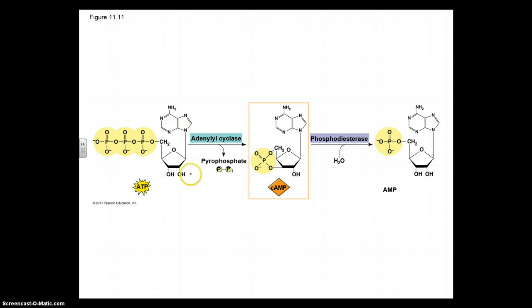As you can see, we have our molecule here, then our adenylyl cyclase, which forms cyclic AMP here from ATP. Well, I guess the arrow should go the other way. It forms this from ATP. And then with the addition of water and another enzyme called phosphodiesterase, this converts cyclic AMP to AMP.